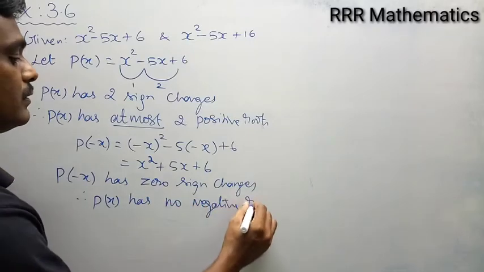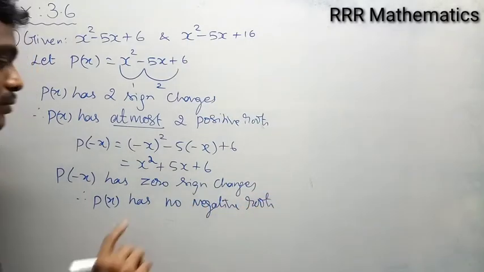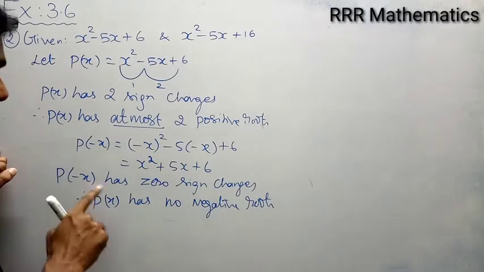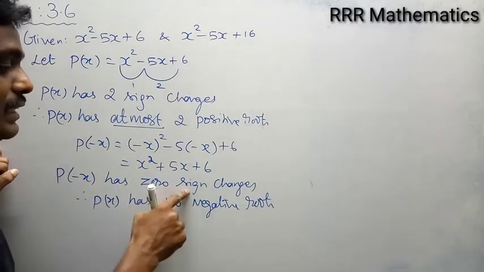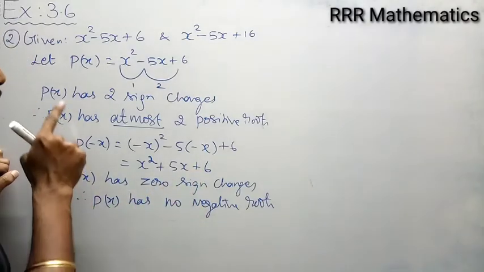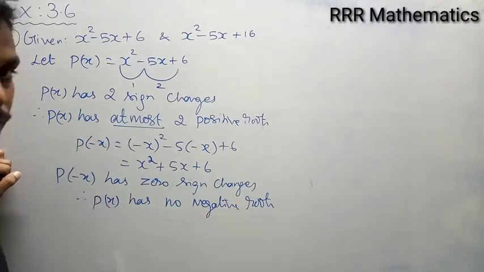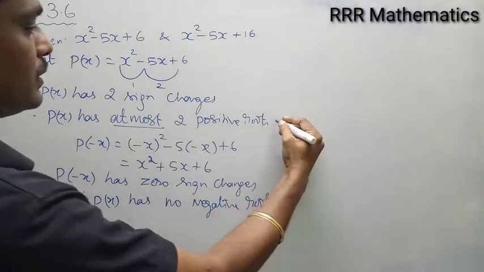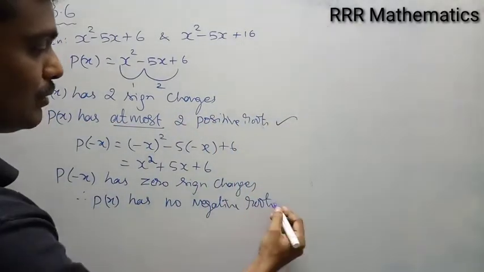If there are no sign changes, then the respective number of roots will be 0. In this case, p of minus x has no sign changes, therefore p of x has no negative roots. So the maximum number of positive roots is 2 and there is no negative root.